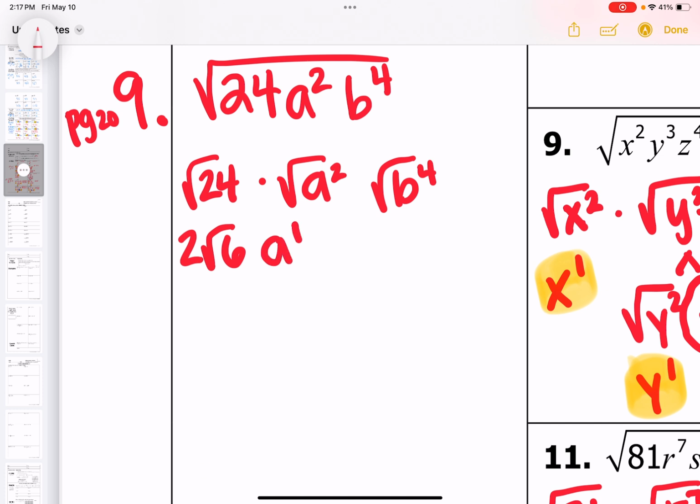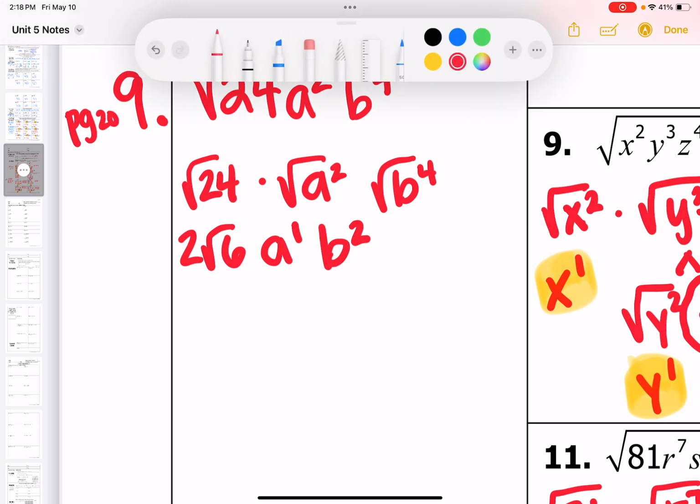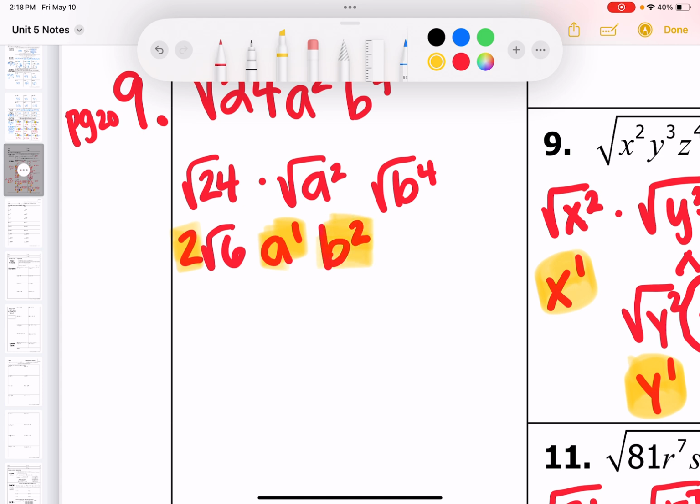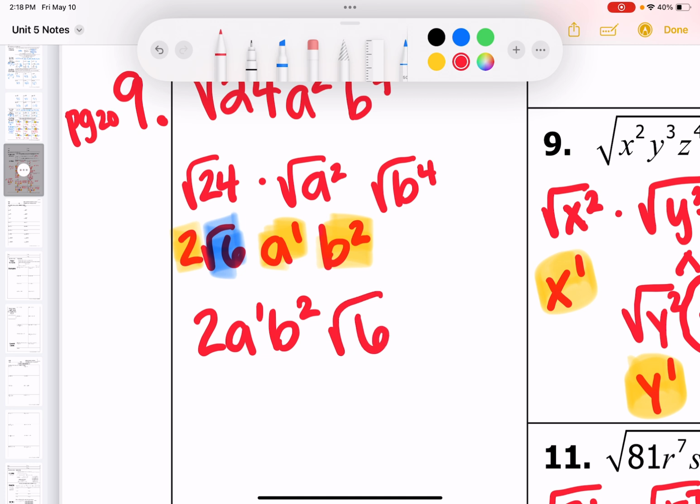And then square root of b to the 4th, I take the exponent of 4 divided by 2, and I get 2. All right, so 2a and b squared are not under a square root, so they're going to come first. And then our square root of 6 is going to come at the end.